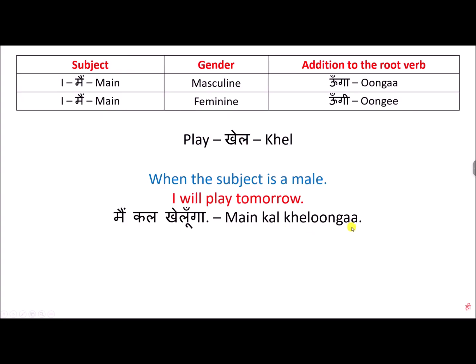We got this by adding ऊंगा to the root verb खेल. खेल plus ऊंगा, खेलूंगा. मैं खेलूंगा is I will play. कल is tomorrow.